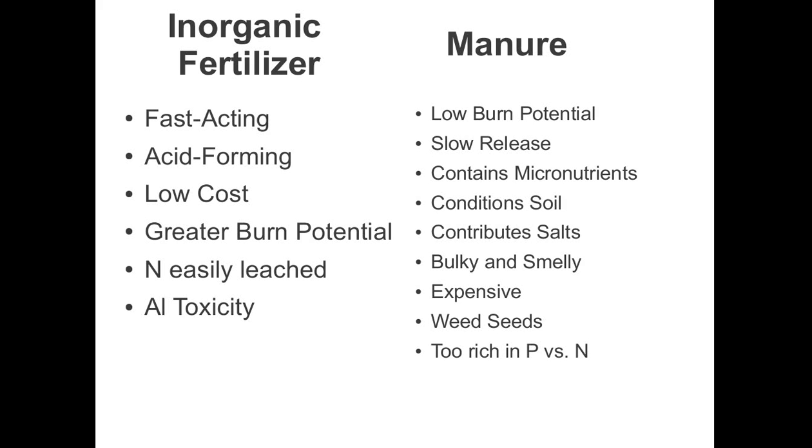But a problem is that it also contains salts, and so if you just keep applying manure, you're going to have issues with saline soils. It's bulky and smelly, and costs a lot more per unit nitrogen and phosphorus, so you have to apply a much larger weight of manure than you would inorganic fertilizer. Cows also eat weeds, so it contains weed seeds, which is bad for trying to keep weeds out of your field.